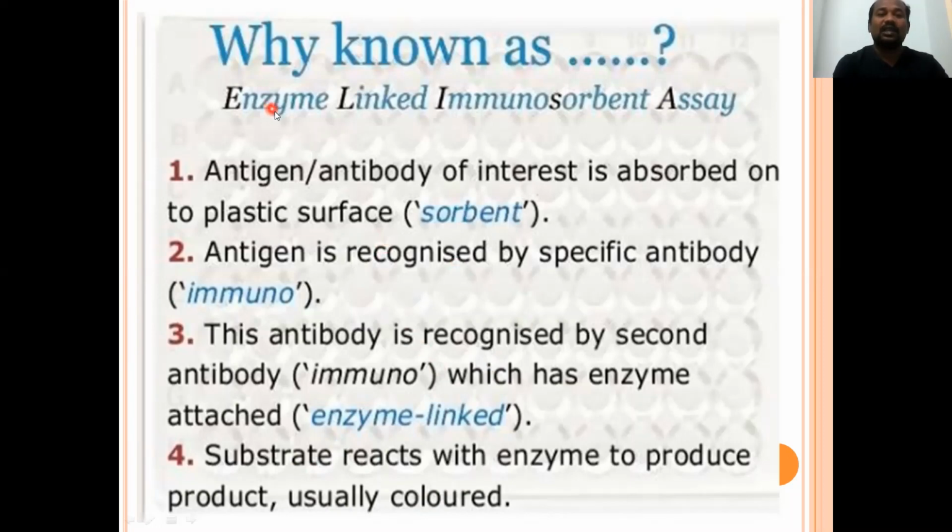So that's why enzyme-linked immunosorbent assay. So we are calling it ELISA since the enzyme mixed with the substrate is used to detect the presence of antibodies of interest or antigen of interest.